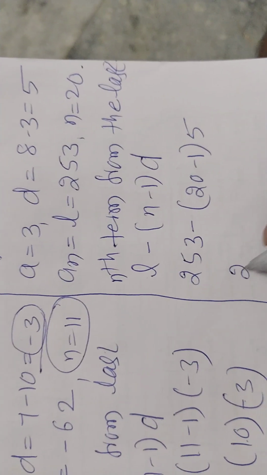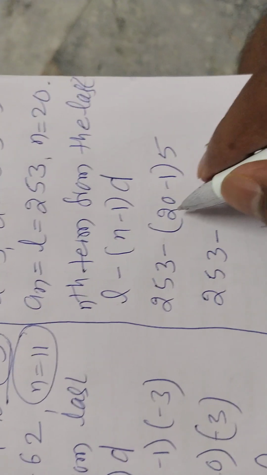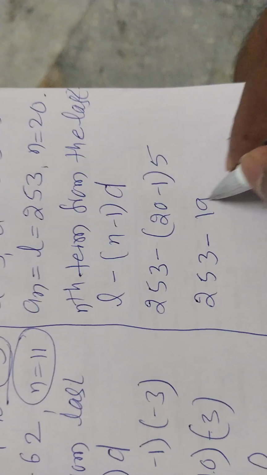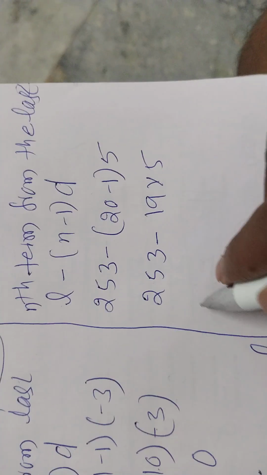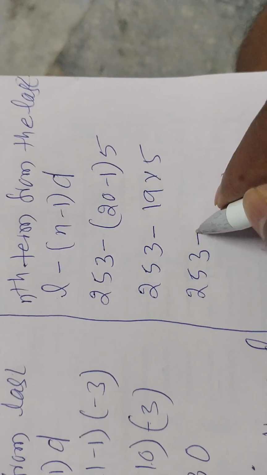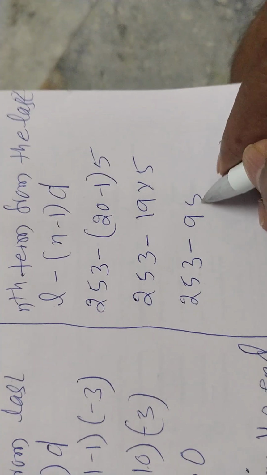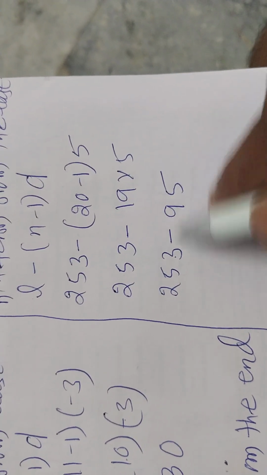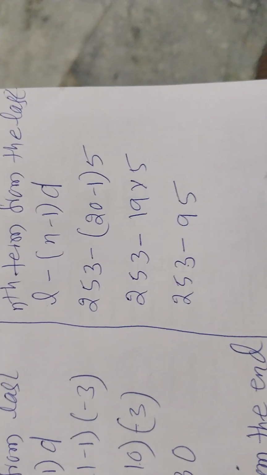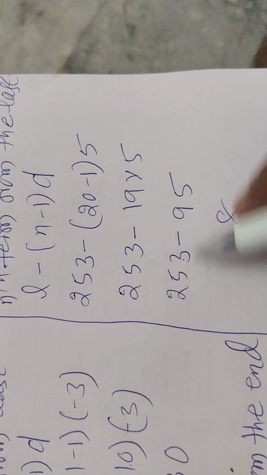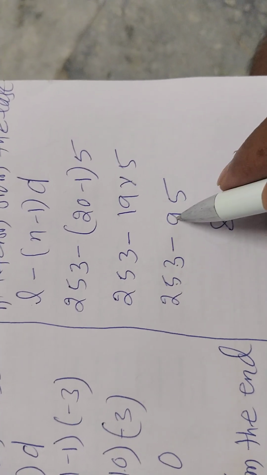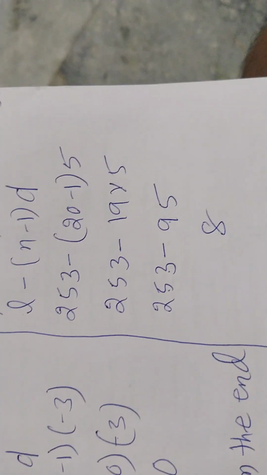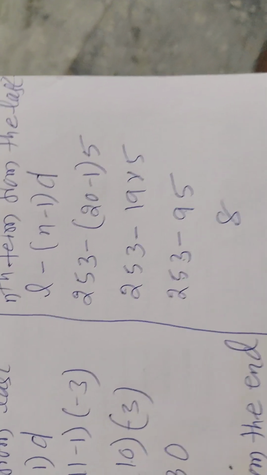Then 253 - (20 - 1), which is 19, times 5. Then 253 - 95, since 19 fives are 95. Now we have to subtract it. 13 minus 5 is 8. Here 4 will remain; take one borrow, 14 minus 9 is 5.